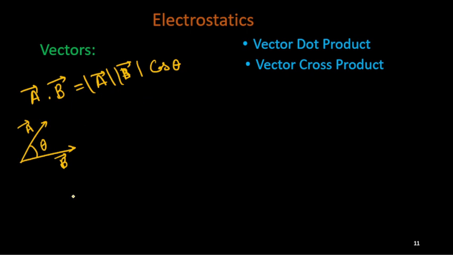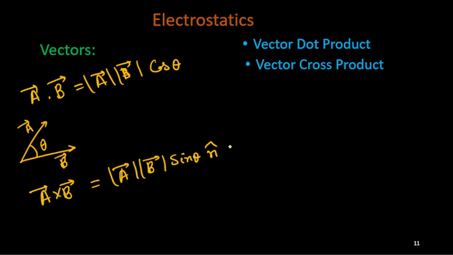Whereas the cross product, a cross b, will be simply mod of a, mod of b, and sin theta. This is a magnitude, but it will have one direction as well, that is perpendicular to both the vectors, perpendicular to the plane containing a and b.